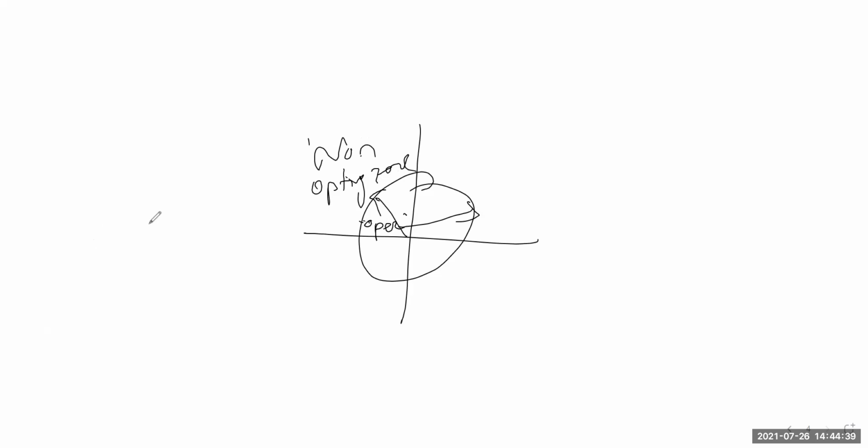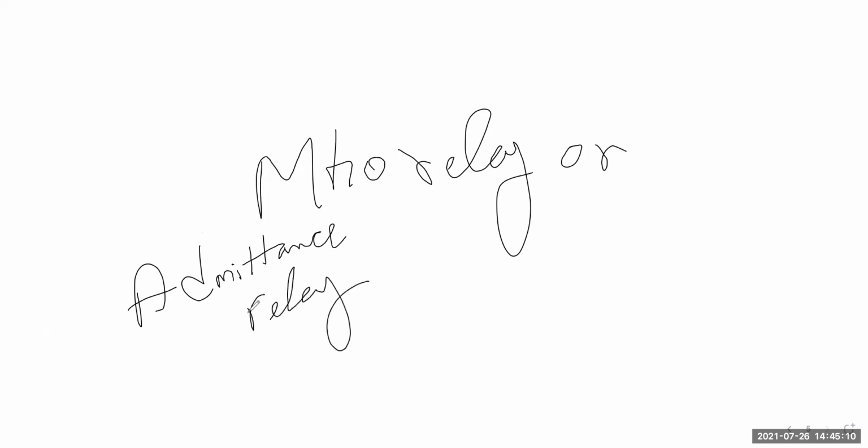Now the next terminology is your mho relay, or you could also call it an admittance relay, whose characteristic looks like this.